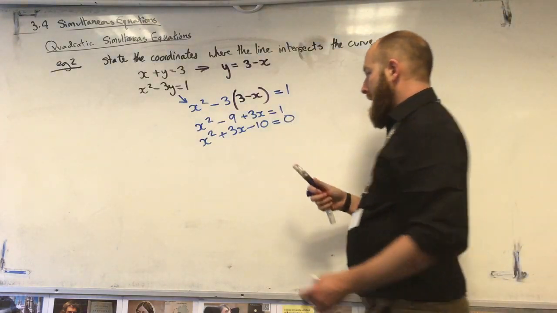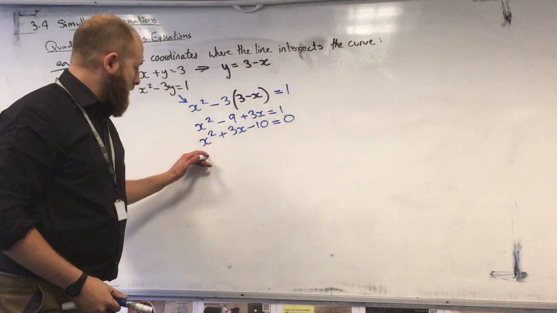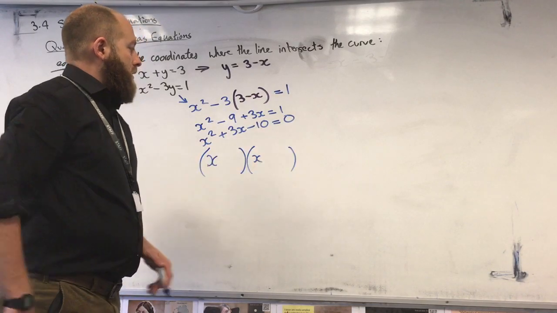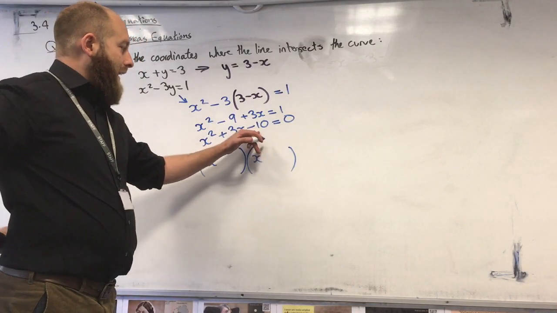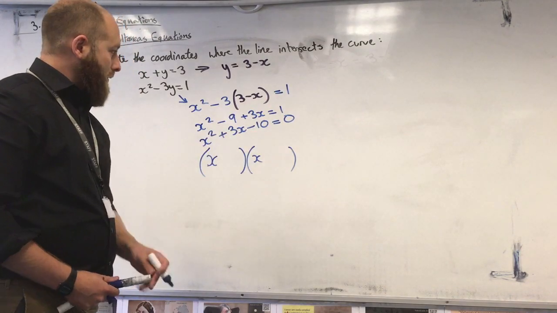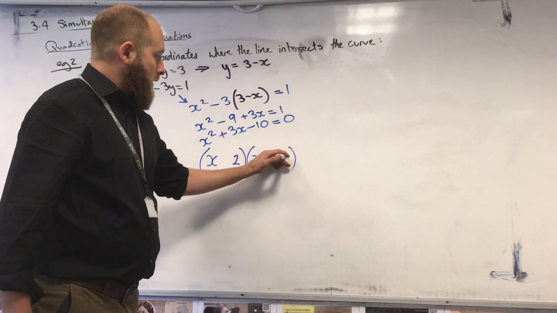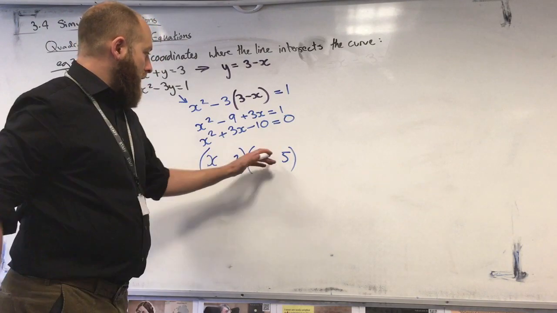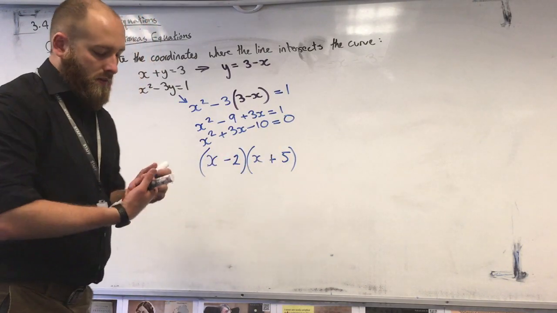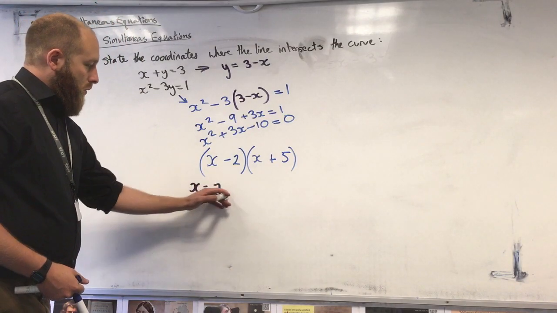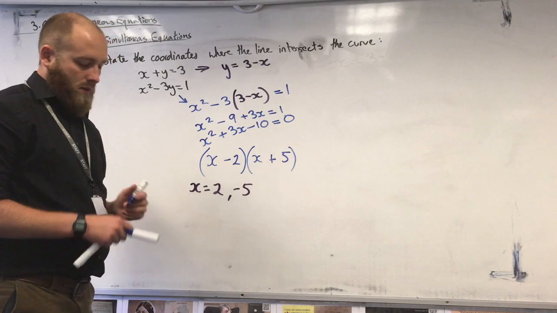So solve this one, easiest way is to factorize it. So we've got factors of 10 that add to 3, so I think they're going to be 2 and 5. So positive 5 minus 2. So our solutions are x equals 2 or x equals minus 5.